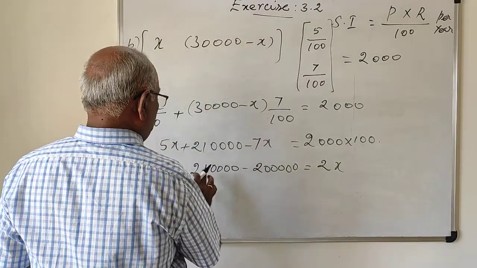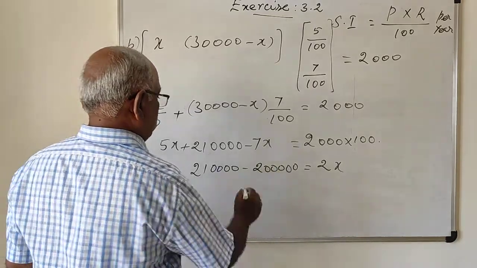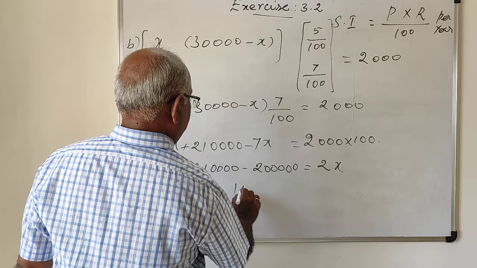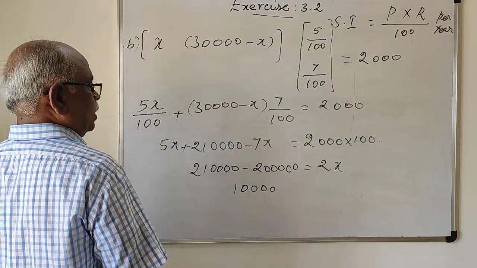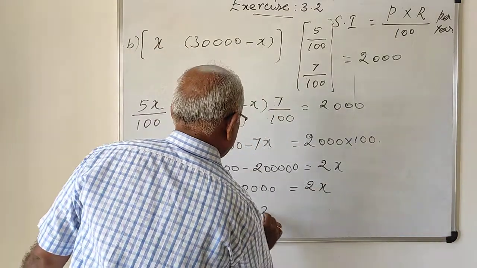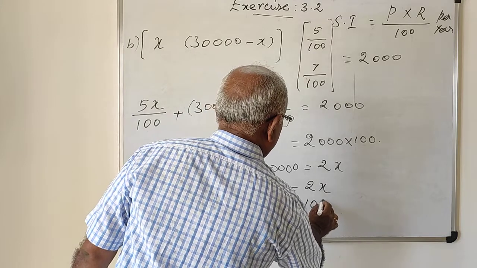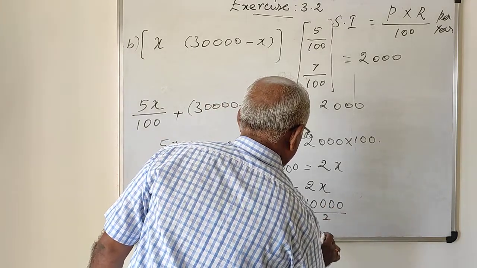Similarly, 2,10,000 minus 2 lakhs is 10,000. Minus, equal to minus 2x. From this x equal to 10,000 by 2, that is equal to 5,000.